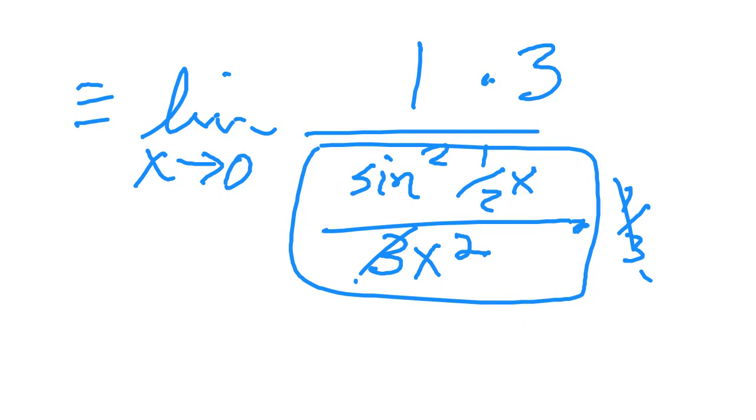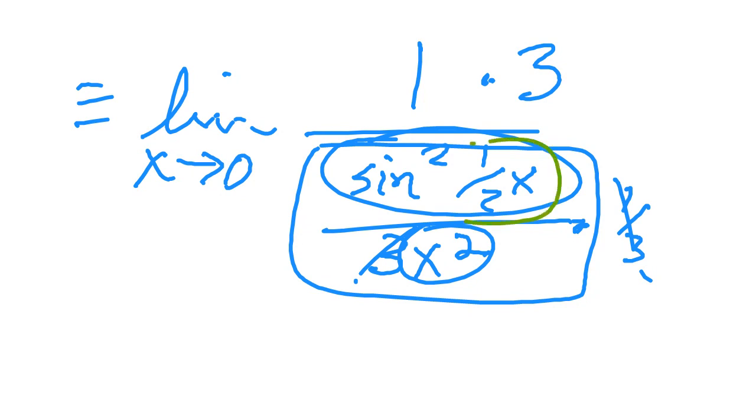Now I've got something that's starting to look close. But once again, I need 1/2 x as my term. As x goes to 0, 1/2 x also goes to 0.